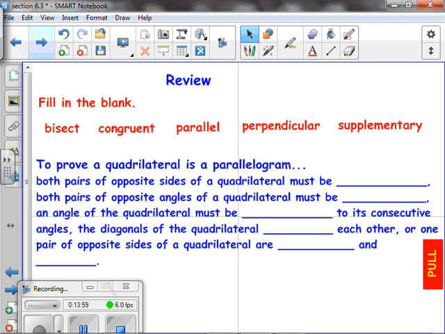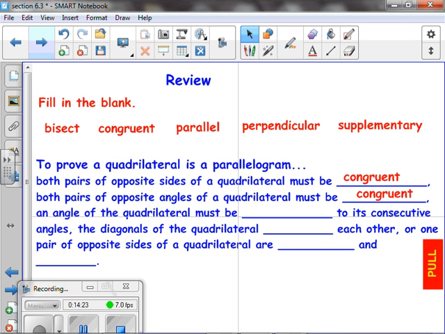To prove a quadrilateral is a parallelogram, both pairs of opposite sides of a quadrilateral must be congruent to each other. Both pairs of opposite angles of a quadrilateral must be congruent. Each of these statements is enough to prove it.